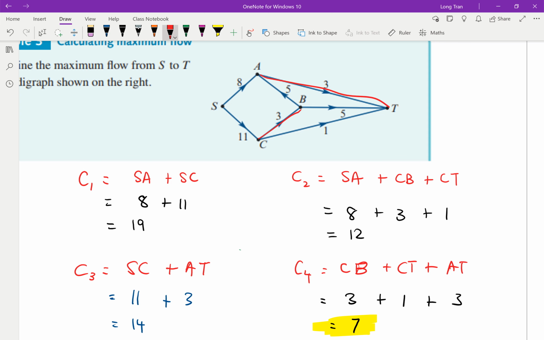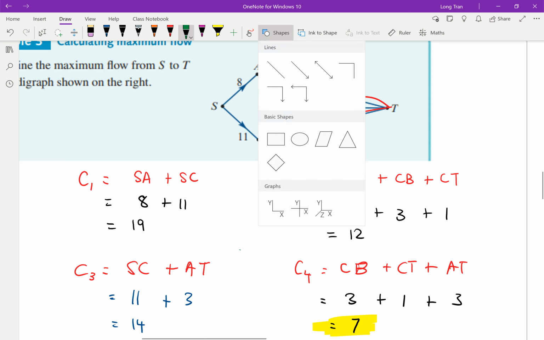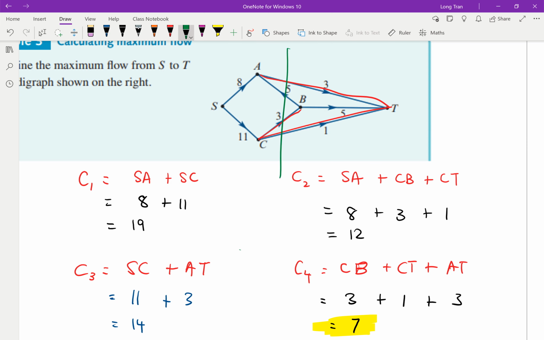So this one. CB, AT, and CT. So it looks like I may be doing a cut that looks like this then. Like that. So that must have been the cut. And it's saying that that's where the maximum flow would be.